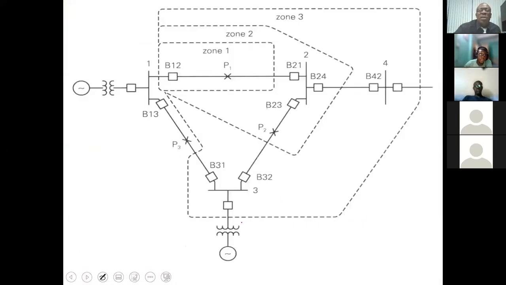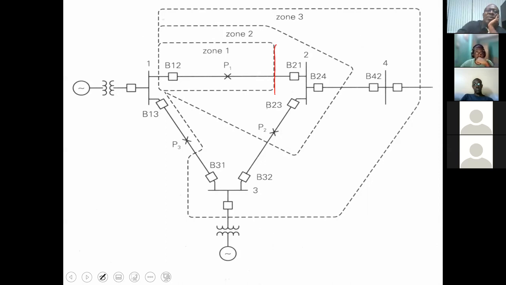So let's just look back at what we said just now. All right. So you have the relay at point 1. The zone 1 setting would be 80%.